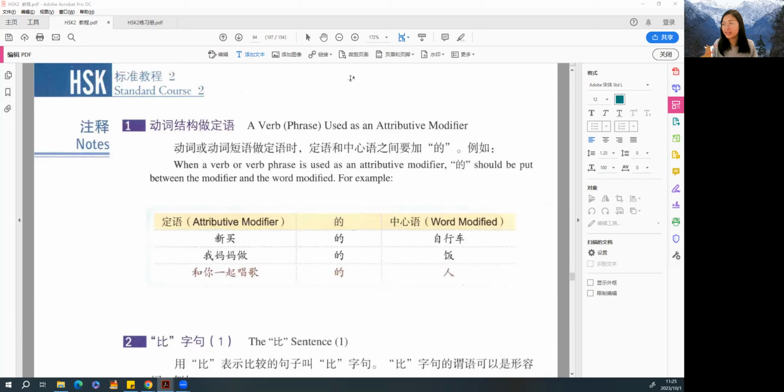The first one is a verb used as an attributive modifier. That's quite easy to understand because in English, we also have a similar structure, but we change the position. For example, I'm going to write it in English.